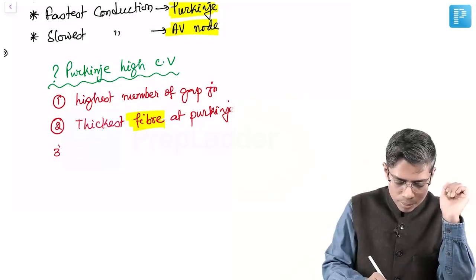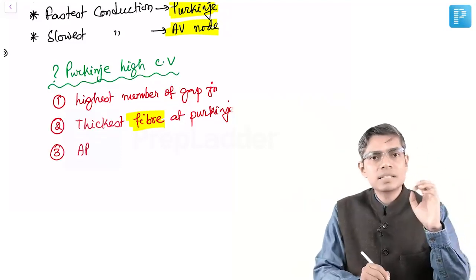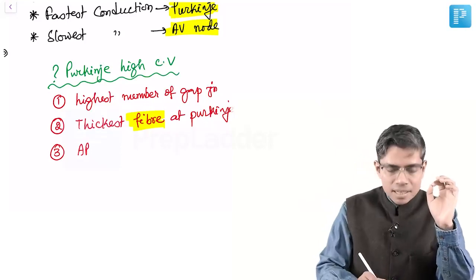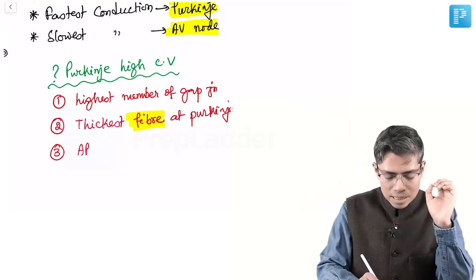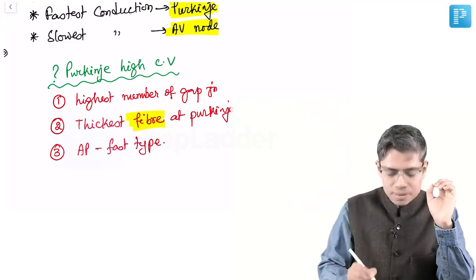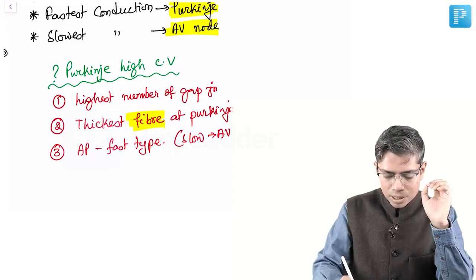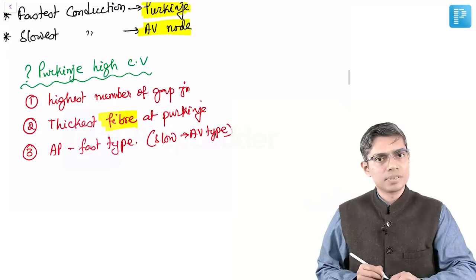Not only that, third point is also important. The action potential or the electrical impulses that is generated at the level of Purkinje fiber is of fast type, but it is very slow type in case of AV node and other nodal tissues. Slow type action potential is seen in case of AV node, right?